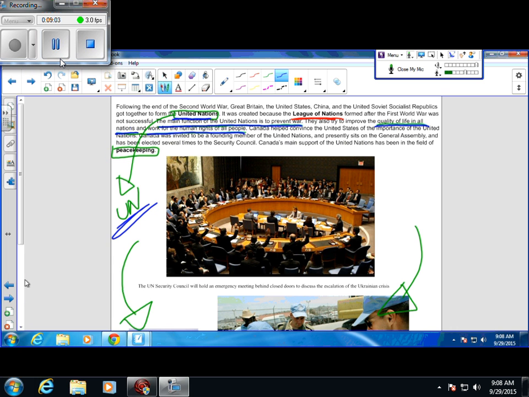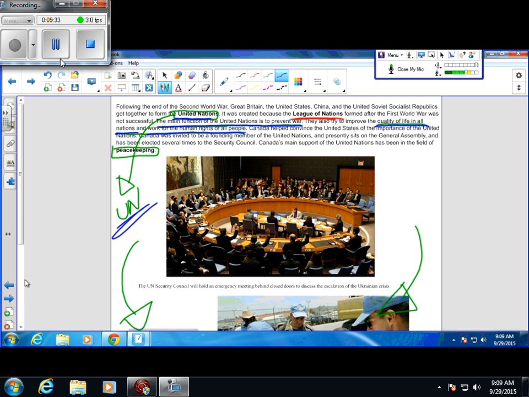For your assignments, remember the UN's main goals: to prevent further war, improve quality of life in all nations, and work towards improving human rights for all people.